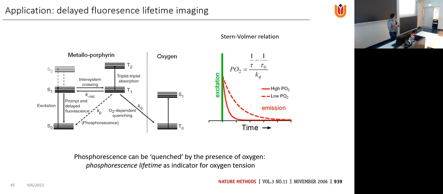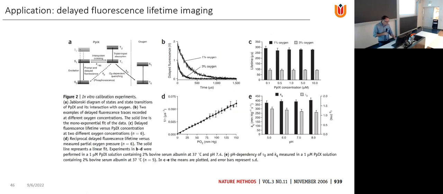So if you put this metalloporphyrin molecule in tissue, you can use it as a probe for how much oxygen is available. If there's a lot of oxygen, you will see very little phosphorescence and delayed fluorescence. If there is not a lot of oxygen, you will see stronger signals.